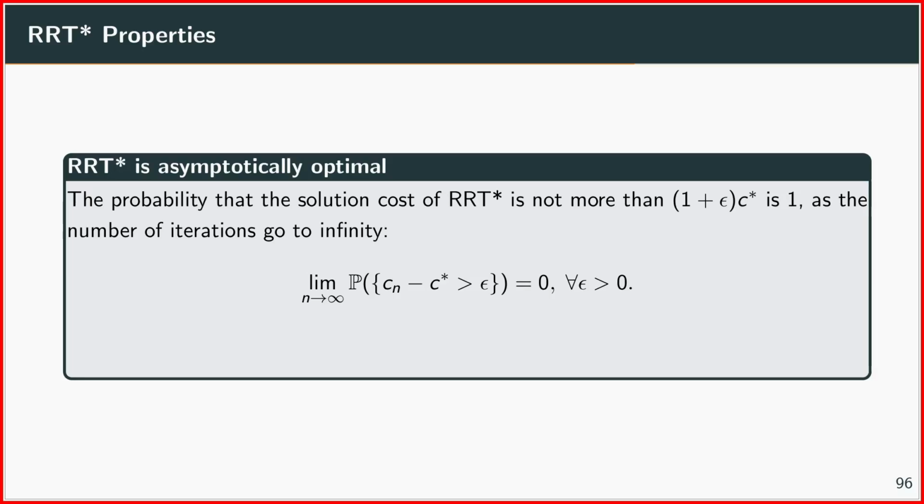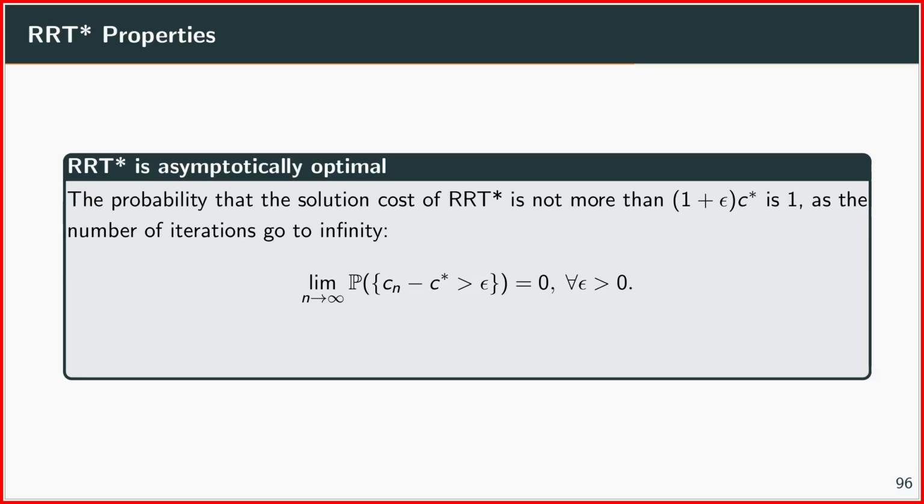And the probability that the difference between your cost at iteration n and the optimal cost is bigger than epsilon is 0 for any epsilon when n goes to infinity. So you can choose any epsilon, as small as you want, and then you can find some n for which you will have found the optimal solution, if one exists, within this epsilon radius.